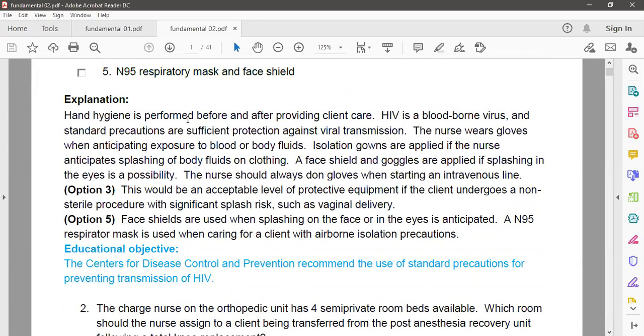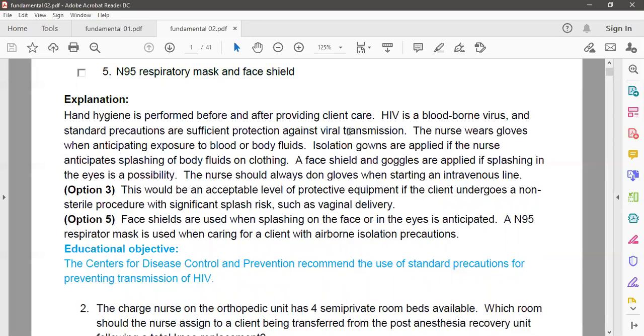Hand hygiene is performed before and after providing client care because, as I told you, for standard precautions we just go for basic hand washing. And HIV is a blood-borne virus, and standard precautions are sufficient to protect against viral transmission.